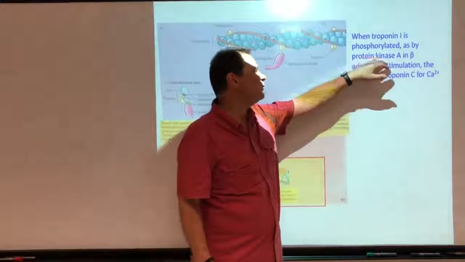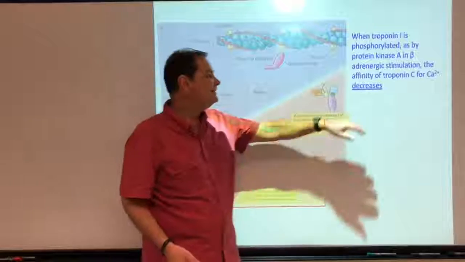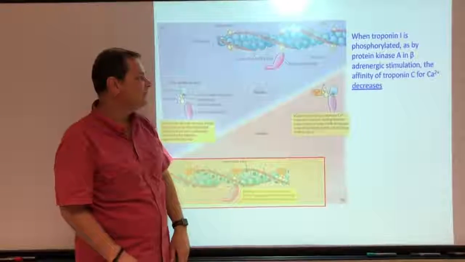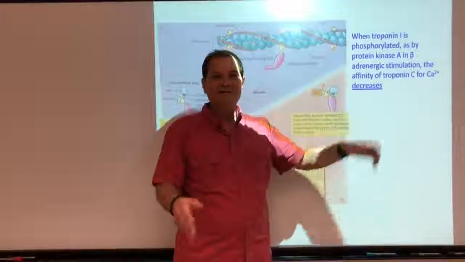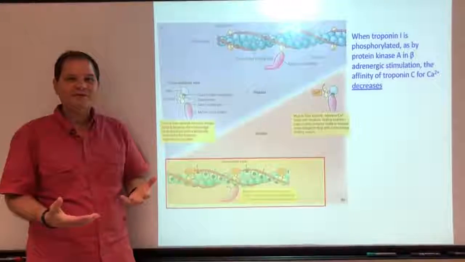You get activation of protein kinase A, it phosphorylates troponin I, and it decreases the affinity of troponin C for calcium. That may not make a whole lot of sense to you guys.